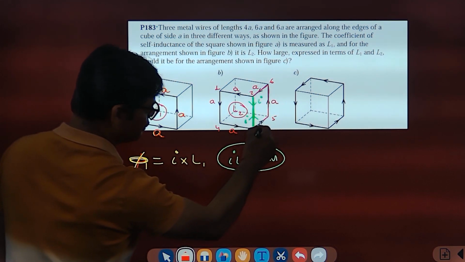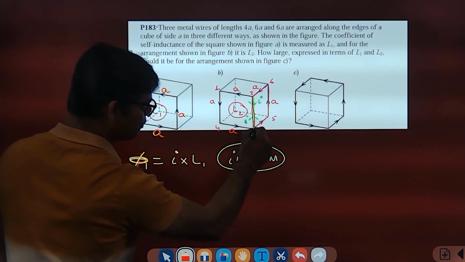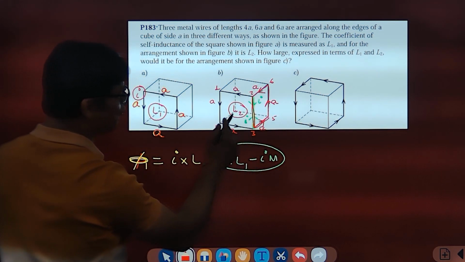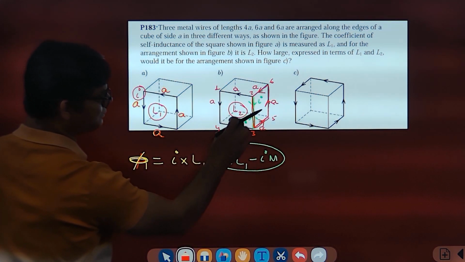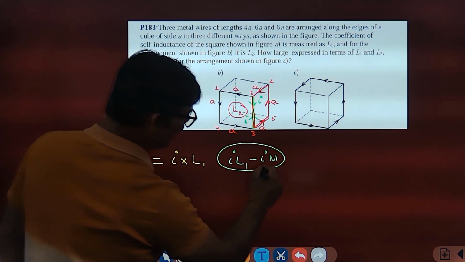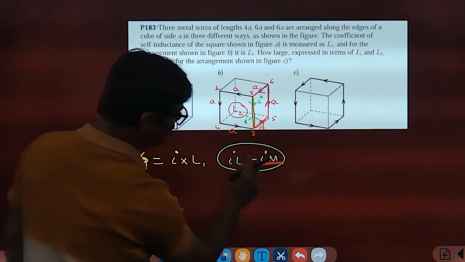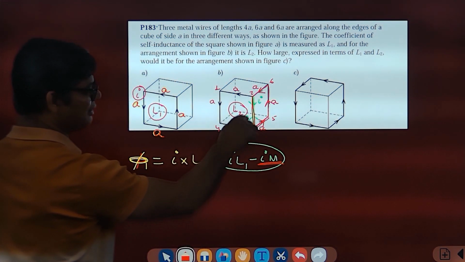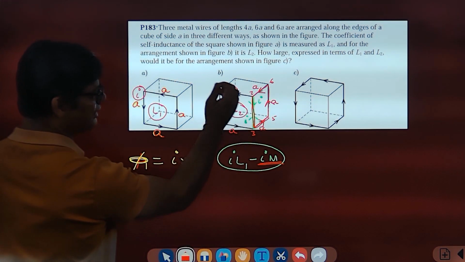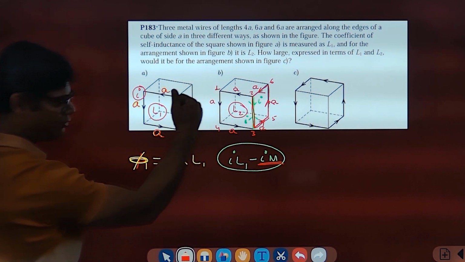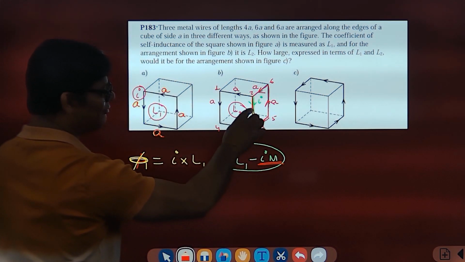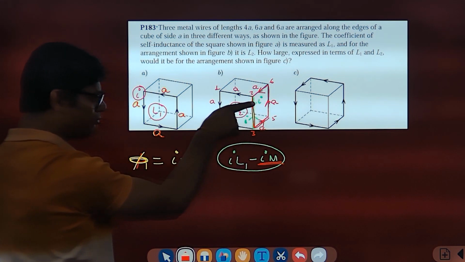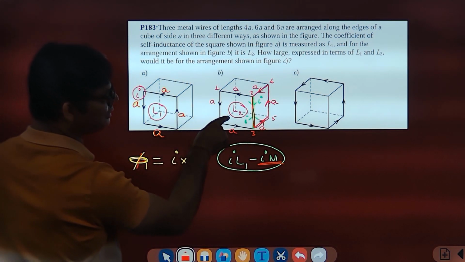Okay. So, when some current is flowing in this loop, due to this current, some flux is linked with this loop, that flux being I into M. But then I made minus here because you can see that the magnetic field lines due to its own current are in to out, but magnetic field lines due to current in this loop are in to out here, but then they are out to in here.